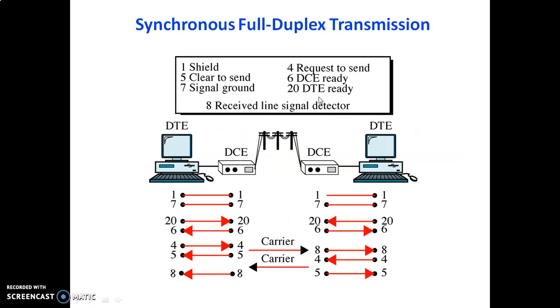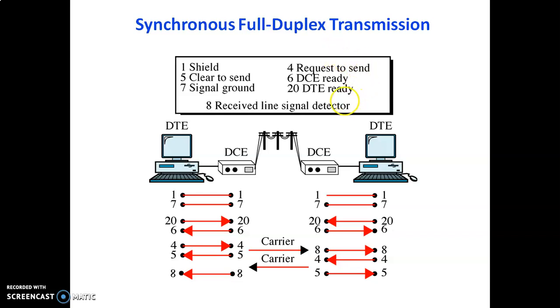Now we will discuss the functional specification of the DTE-DCE interface. This diagram explains the synchronous full duplex transmission of the DTE-DCE interface. There are 5 steps involved in the data communication between the DTE and DCE. Step 1 shows the preparation of the interfaces for transmission.